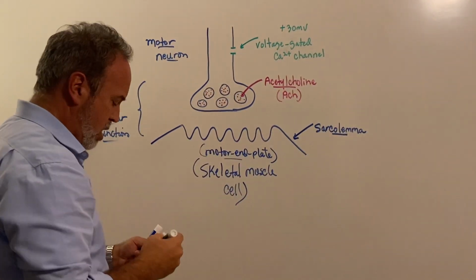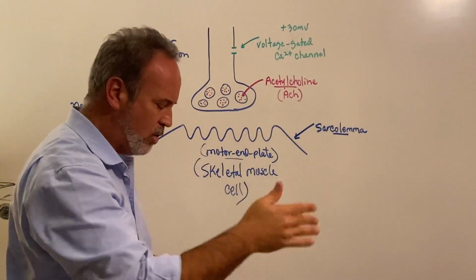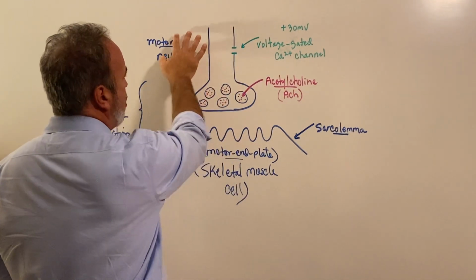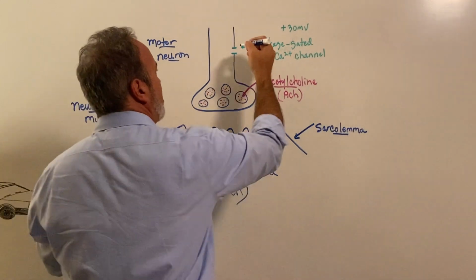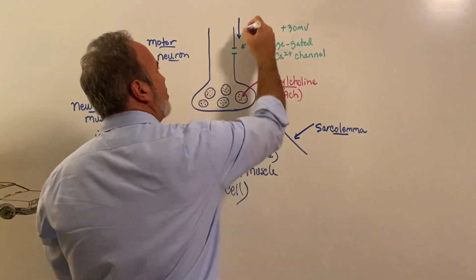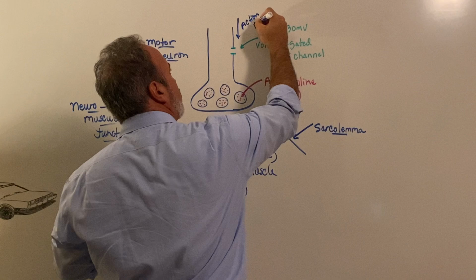We're going to have an action potential, a signal that is going to be traveling along this axon of this motor neuron. I'm going to draw a line here coming down, and we call this an action potential.